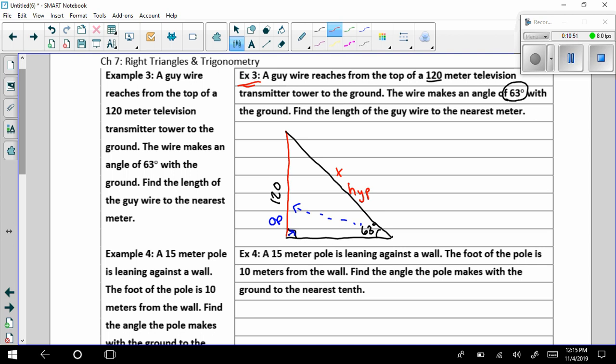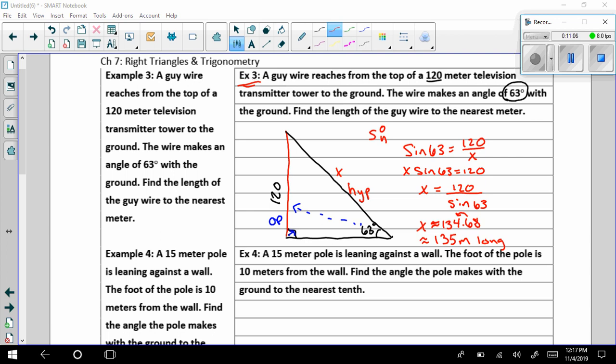I'm going to pause the video, so I want you to do the same and then work it out. Okay, here are the steps for this problem, rounding to the nearest meter at the end.